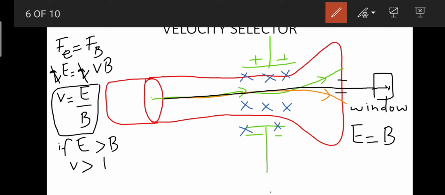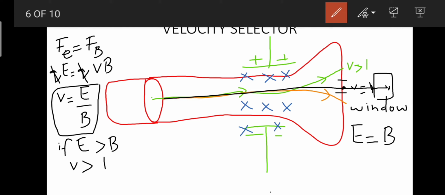Suppose at this particular point the value of V is equal to 1. But now if E is greater than B, then V would be greater than 1 at this point.